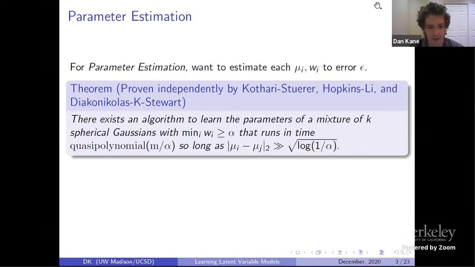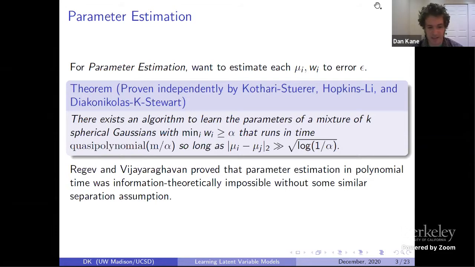Unfortunately, something along this line looks like it might be necessary. There's a paper by Regev and Vijayaraghavan which proves that parameter estimation in polynomial time is actually information theoretically impossible unless you assume some kind of similar looking separation assumption between the means.